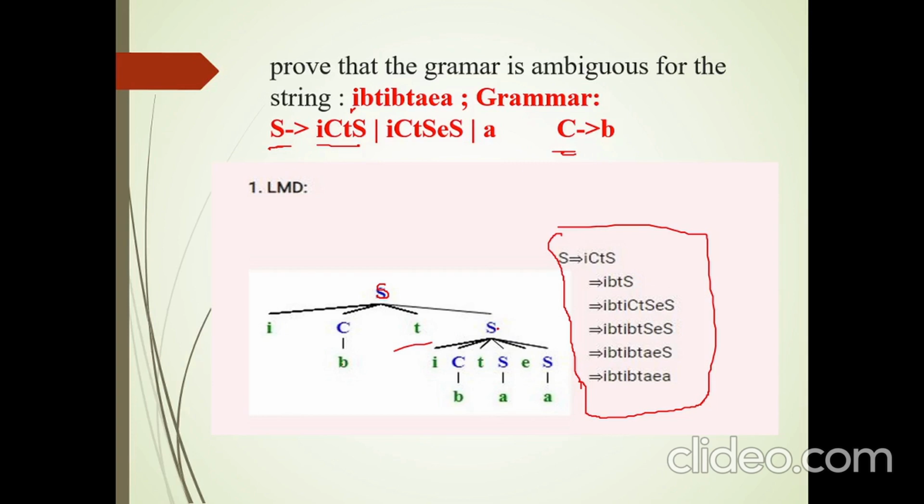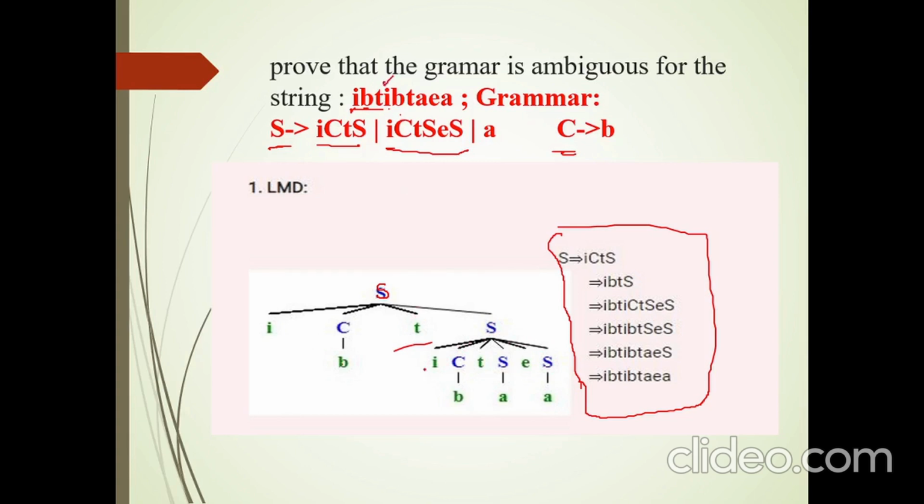Next is S. I have already obtained IBT, and next I have to obtain IBTAEA again. To obtain that, the right choice is this ICTSES. So I have applied it here, written as children of S. Then I got I now.